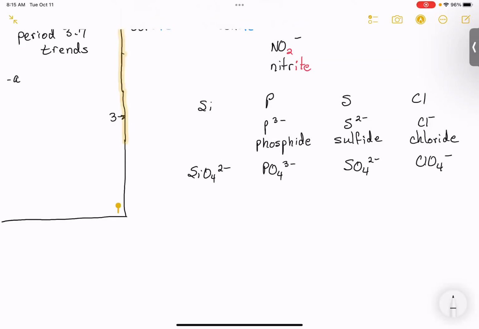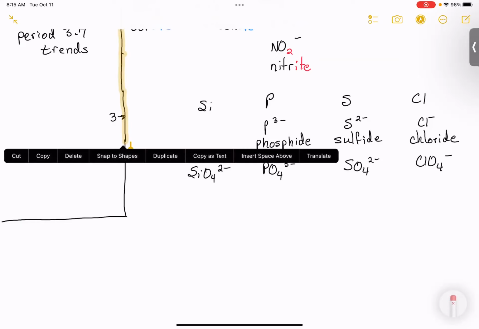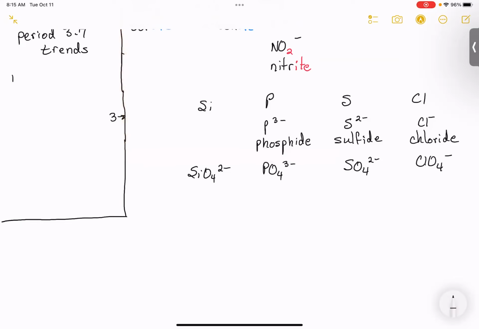The -ate, or let's call it the largest -ate in the case because of the family of 4 there. They will all have 4 oxygens.